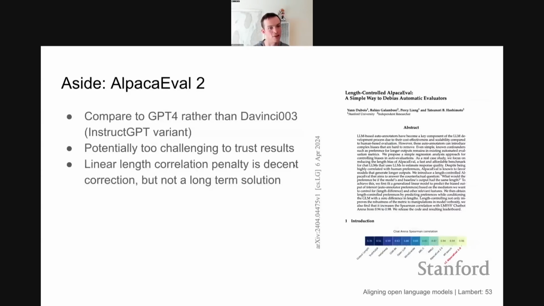Alpaca Eval 2 came out, which takes steps to this, where it compares to GPT-4 rather than DaVinci 3. DaVinci 3 was an Instruct GPT variant. But at the end of the day, GPT-4 is answering these questions in the Alpaca style really well. So what does beating GPT-4 exactly mean?